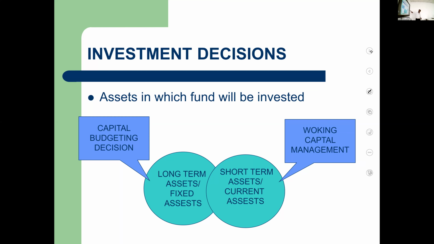So if you are planning to invest in such short-term or current assets, we call it working capital management. Clear? So tell me, if you are planning to invest in a long-term asset, what is that? It is the capital budgeting decision. If you are planning to invest in short-term assets, it is working capital management, right?